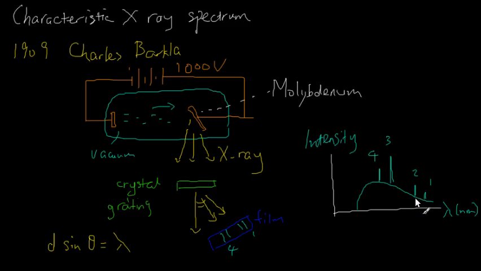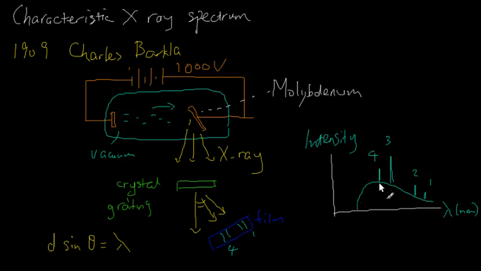Apart from the fact that it looks smooth and broad compared to the sharp peaks, there is also a rather unusual feature: the curve just comes suddenly to a stop here and goes right down to zero. So let's try and understand these two features.